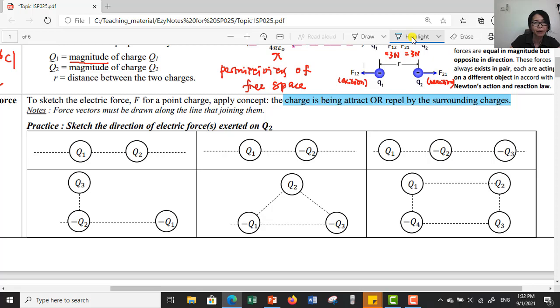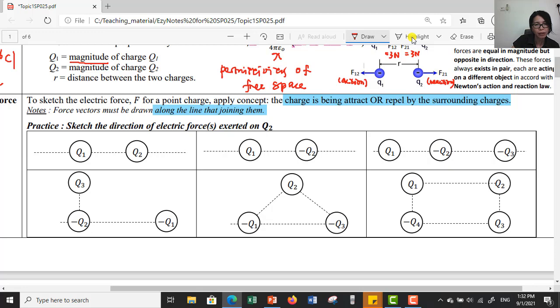Okay, then remember, the force vector that we draw must always be along the line joining the charges. So let us practice using the 4 examples below.